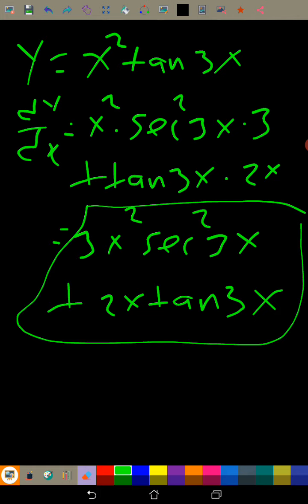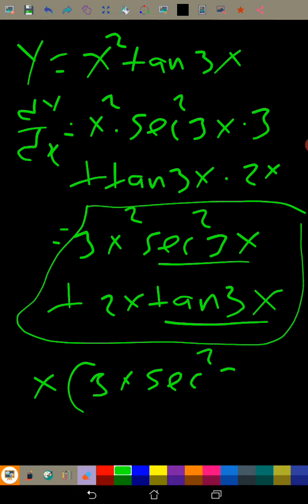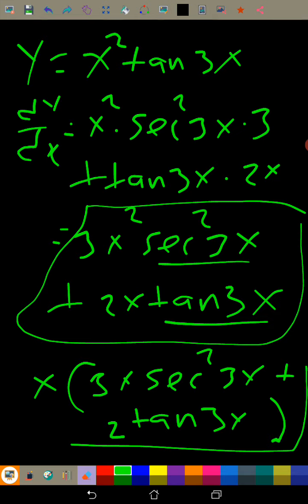So this is the answer, and we're going to check it, and it says that we have some problem here. Well, it says that we have x in common, so we could put the x out and have x times 3x sec square 3x plus 2 tan 3x, and that's how it's written in the book.